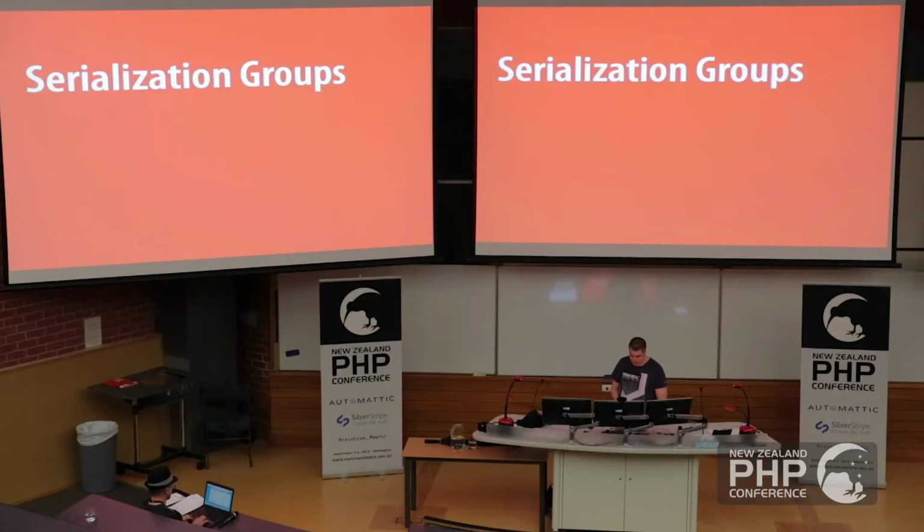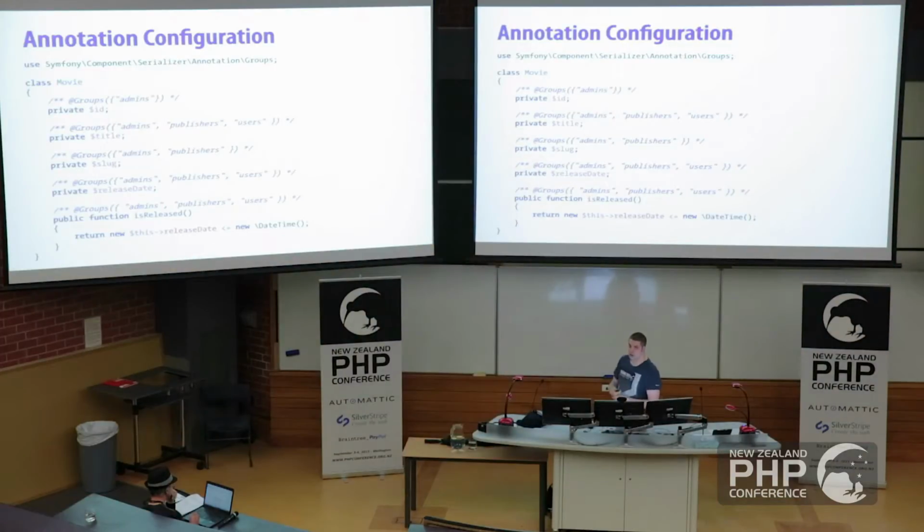One of the last things that we have introduced in this component is the serialization groups, which allows you to contextualize the way you encode your objects. Because depending on the context, you don't want to expose the same set of data in your output. Let's say you have admin users and you have regular users. Admin users will see more information of the objects, but regular users will just see basic information.